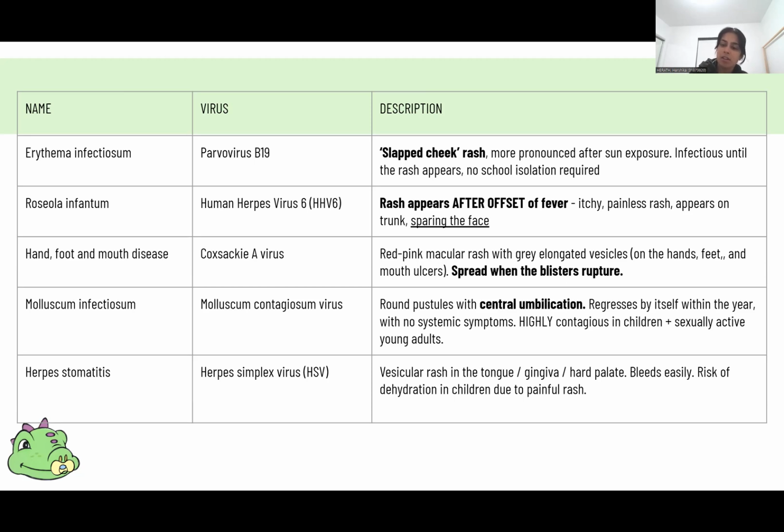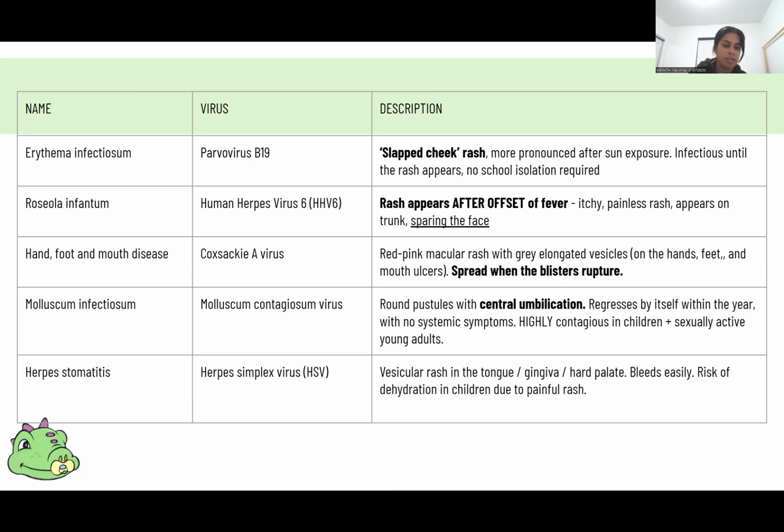They last for a really long time, so the rash itself sticks around for like a year, but other than the rash, there's no real systemic symptoms, so it doesn't really bother the patient very much. But it's important to note that it is really infectious, and the fact that it's really infectious and also lasts for a long time can cause problems in itself.